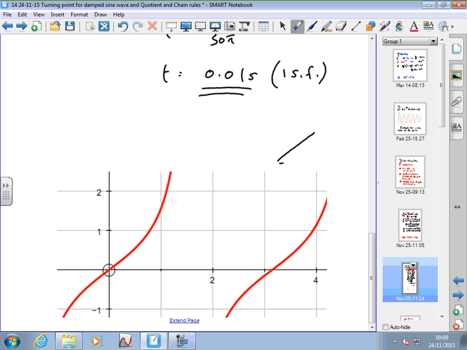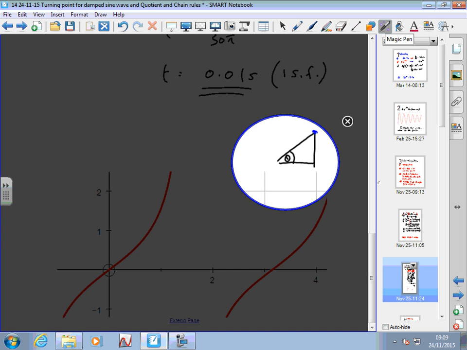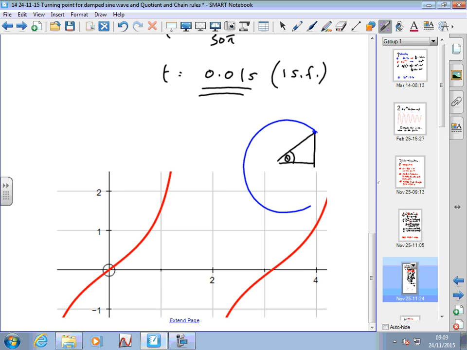If I draw a little right angle triangle here, that's my angle theta. And if you remember, this is taken from a rotating vector, rotating anticlockwise, around like this. As time goes by, this vector starts at 0, and the tangent of the angle is the opposite over the adjacent.